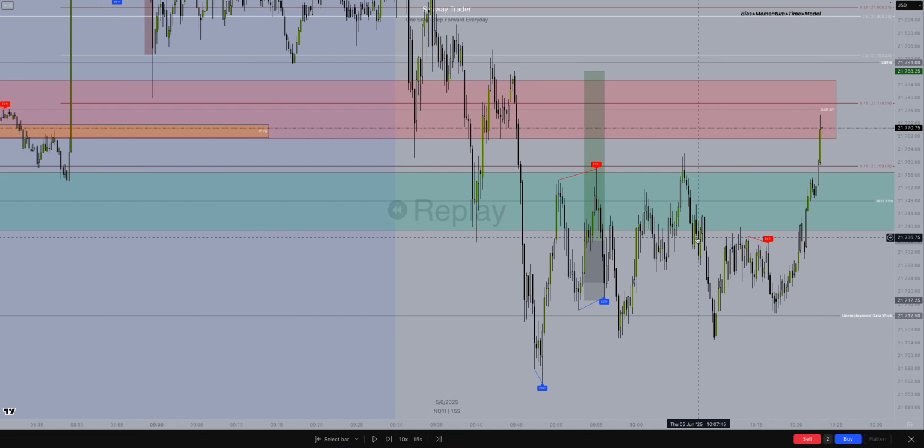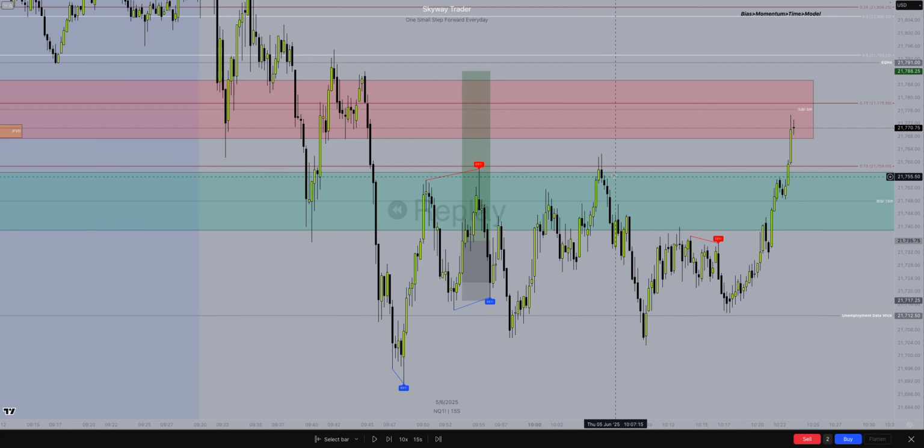And then again, this is where this trade really makes sense. If I was paying attention and I saw that 15-minute close below here, I would maybe disregard all this and then look for this opportunity right here to go short, and that would have been a good profitable trade.